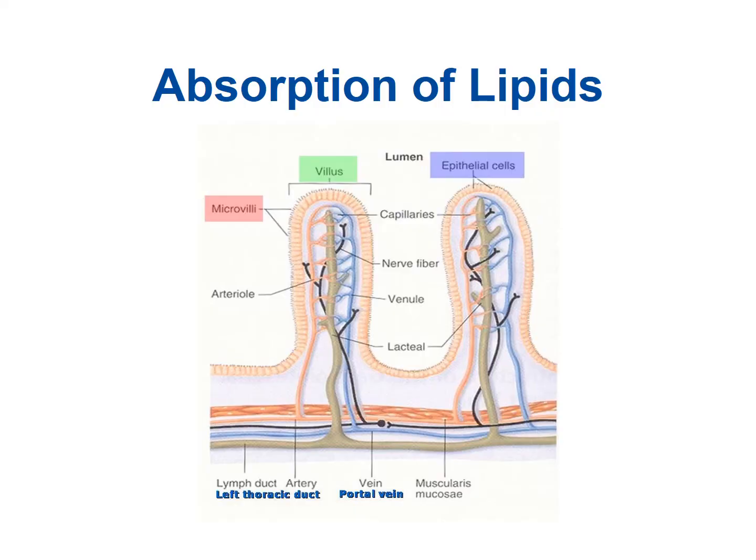This is again a picture to remind you where the lacteal is, which is in the center of this villi, and beside it from either side is the arteriole and the venule, which is the vein and the artery for that. Of course, the black line shows the nerves there, the vagal efferents and the enteric nerves that get into the villi.